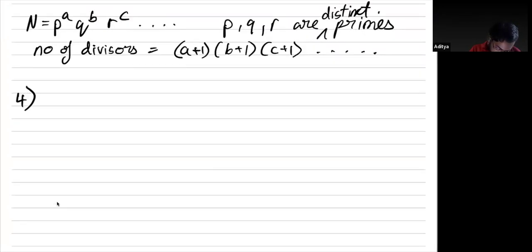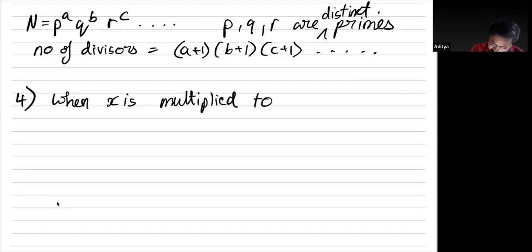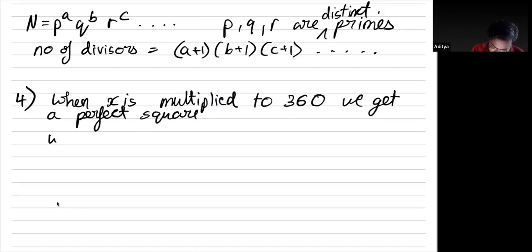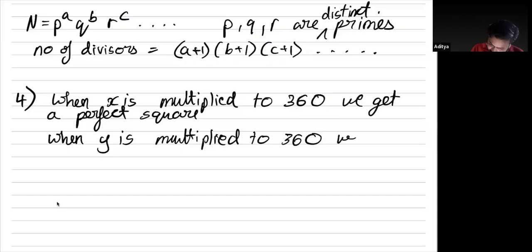Question 4, try this out. When x is multiplied to 360, we get a perfect square. When y is multiplied to 360, we get a perfect cube.